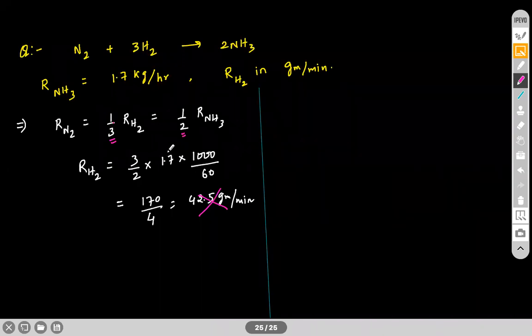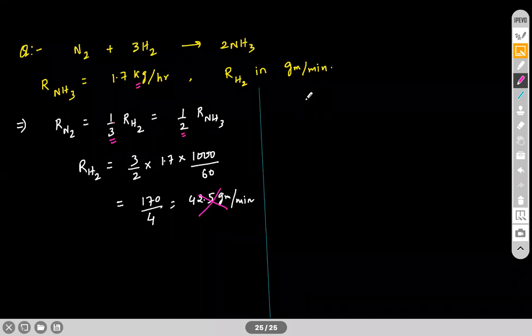But this is given in kilogram, 1.7 kg. So we are comparing kg with moles, because 3 and 2 are moles. This we cannot compare like this. To compare this rate and the number of moles, we have to convert this into mole first.